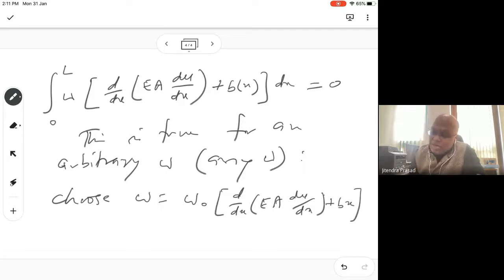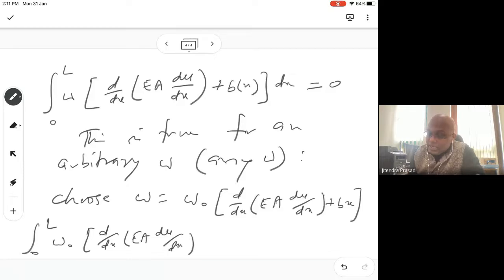You can choose that, right? And then if you put it here, what do you get? You get the integral 0 to L of w naught times d over dx of EA du over dx plus bx, the whole squared, dx equal to 0.